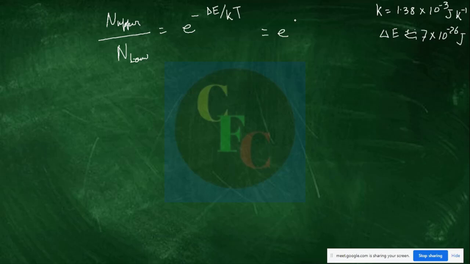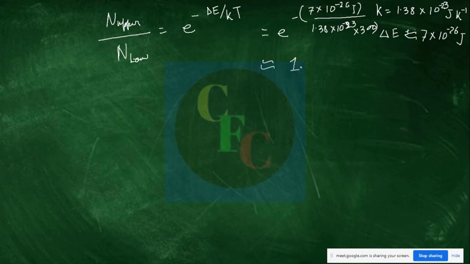If you put this here, that is 7 multiplied by 10 to the power minus 26 joules divided by 1.38 into 10 to the power minus 23, into 300. 300 means 27 degrees centigrade. If you put this in, it comes out to nearly 1 minus 10 to the power minus 5.